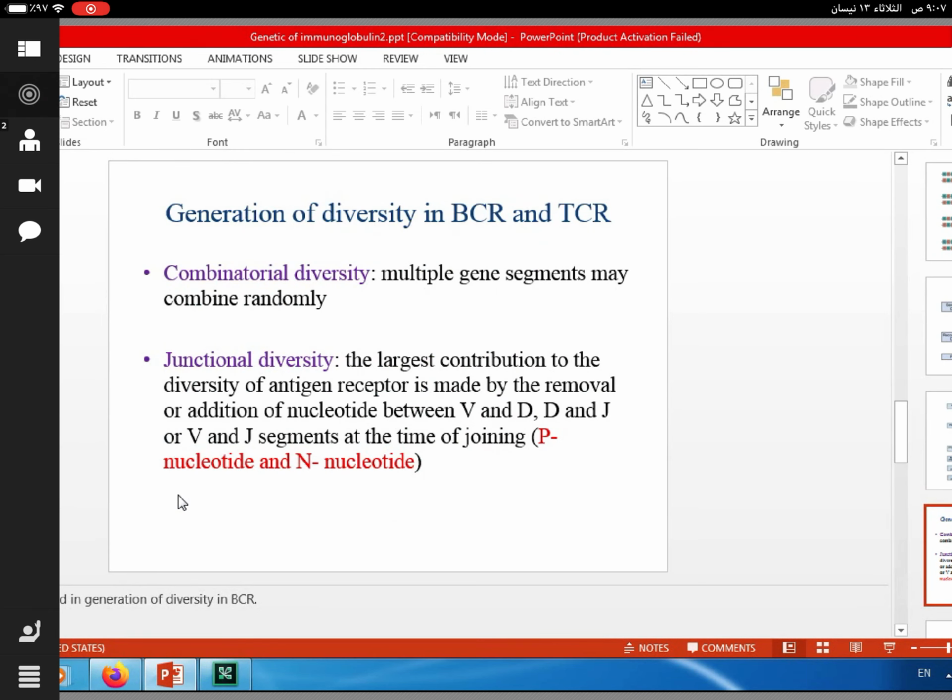So, two mechanisms are involved in generation of diversity in B cell or BCR. Two mechanisms: combinatorial diversity and junctional diversity. Combinatorial diversity is that multiple gene segments may combine randomly.